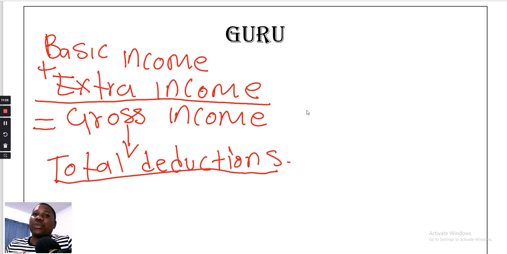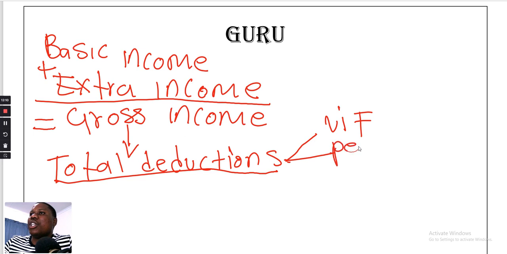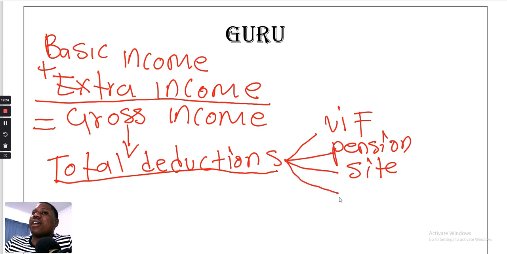It will depend on which deductions they give you, but let me give you a few that they can give you: the UIF, the pension fund, the standard tax, and the union.